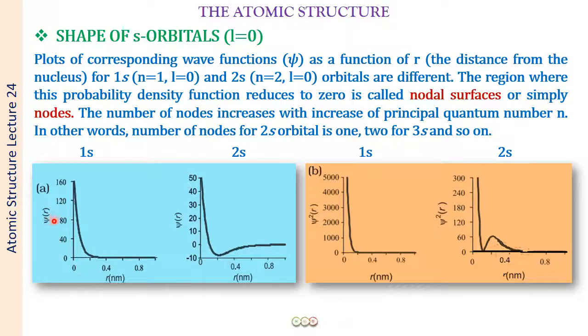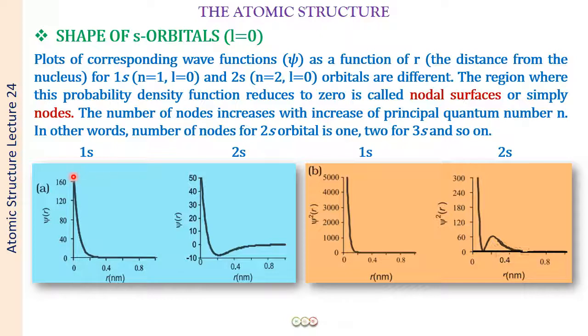We have psi on the y-axis, we have the radius, that is the distance of the electron from the nucleus, on the x-axis, right? So we have psi as a function of r. What do we see? When the distance is very near to the nucleus, we find the probability of the electron to be maximum. So psi is maximum over here.